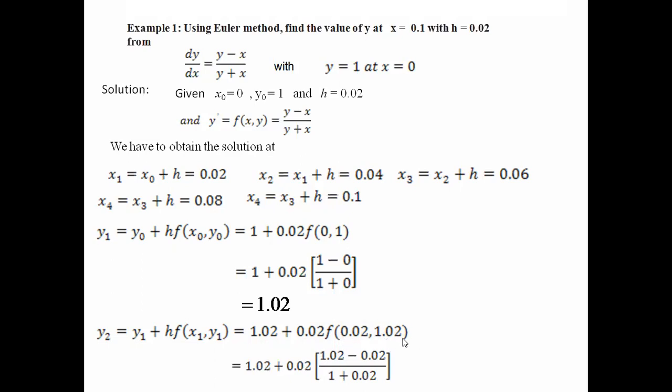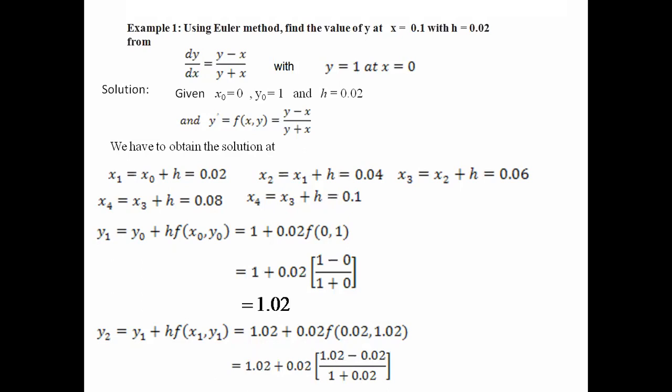That means 1.02 minus x, x meaning 0.02, divided by y plus x, that means 1.02 plus 0.02, is the relation between these variables. Now what we need is simplification. Using a calculator, see this value: 1.02 minus 0.02 divided by 1.02 plus 0.02.